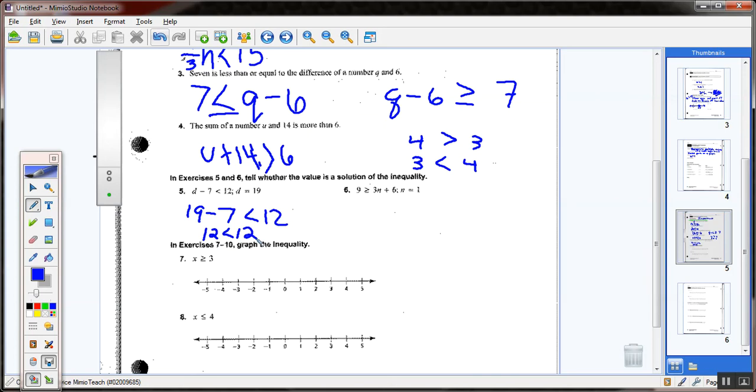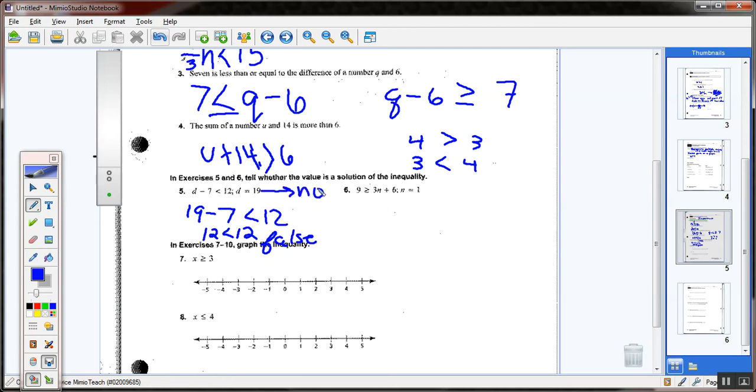False. How about the validity of that statement? It is false. 12 is not less than 12. It's actually equal to 12. So the way it's written when we say 12 is less than 12, is that statement true or false? The statement is false. So if I say, hey, this is false, kids, is 19 a solution? Okay, so up here by 19, I'm going to say no.